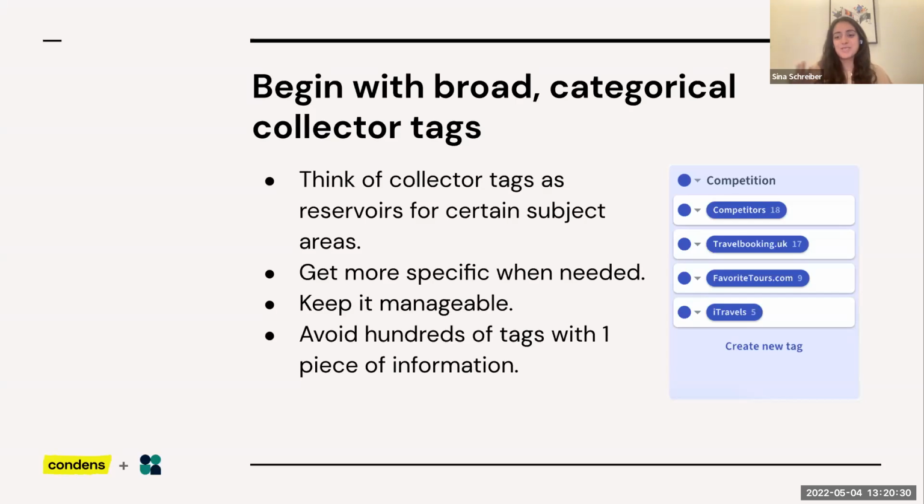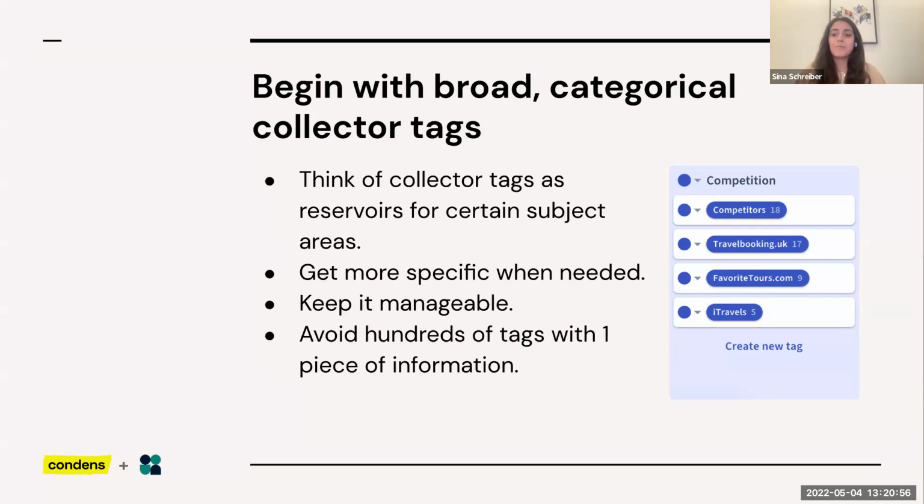The opposite of that would be to start with listing all competitors out there, and having maybe 20 or more tags already when you get started. But you could also do it for the most important ones, or just start with a bucket, with the collector tag.